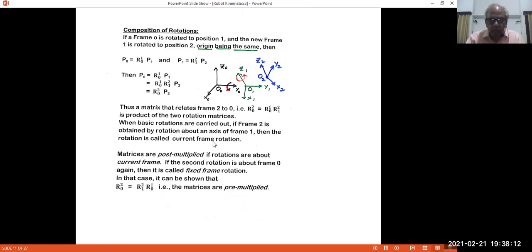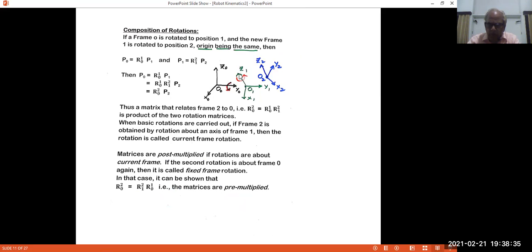So these are called the basic rotations. Then we'll look at composition of rotations. You have one frame which is rotated to frame O1, and further rotated to another frame O2. Then how do we relate a point in frame 2 to that in frame 0? Well, it is done by composition.